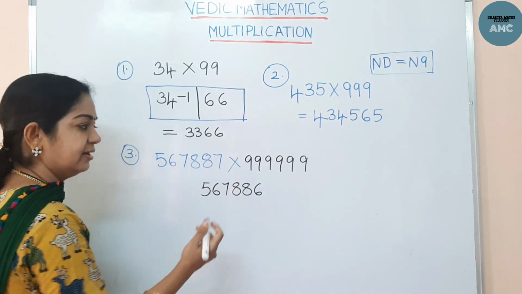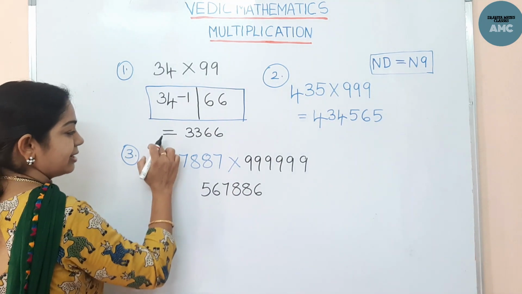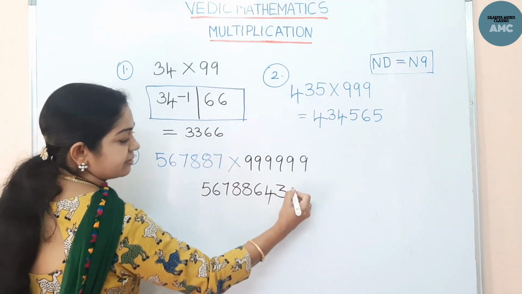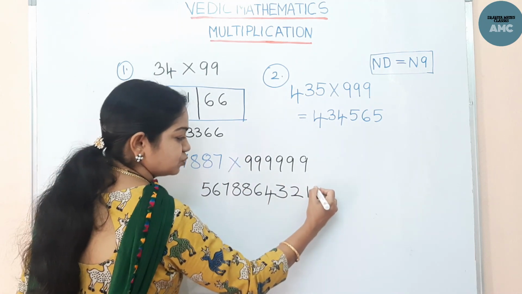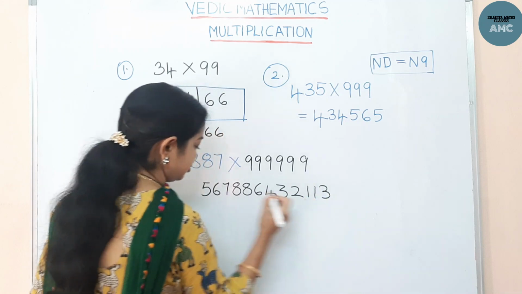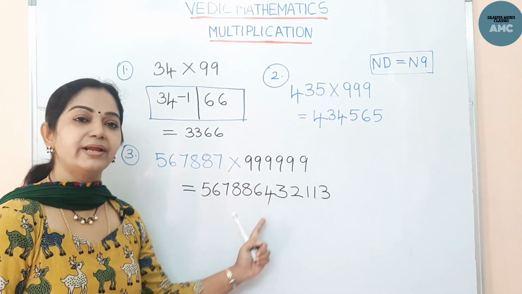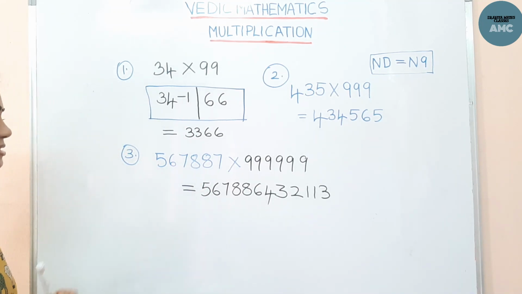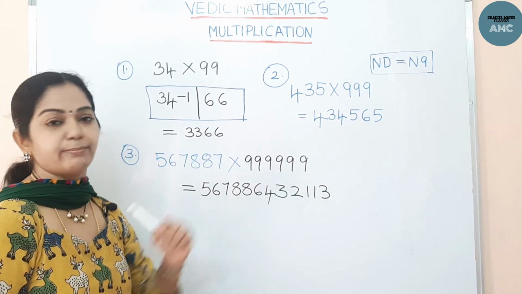Just decrease 1. Then apply all from 9, last from 10. Now 9 minus 5 is 4, 9 minus 6 is 3, 9 minus 7 is 2, 9 minus 8 is 1, again 9 minus 8 is 1, but for the last number, 10 minus 7 is 3. So the answer here is this. Such big products also we can simply do in 2 to 3 seconds. So this is a beautiful technique for when the number of digits is equal to the number of 9s.